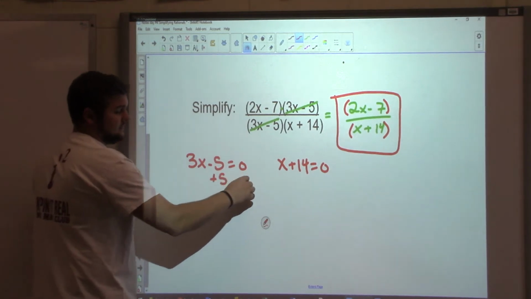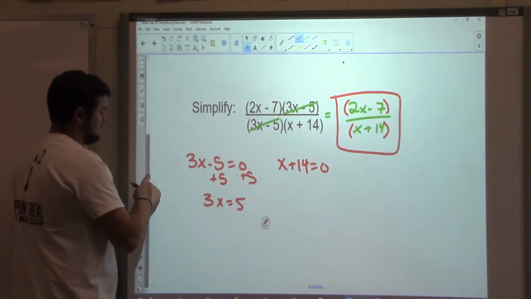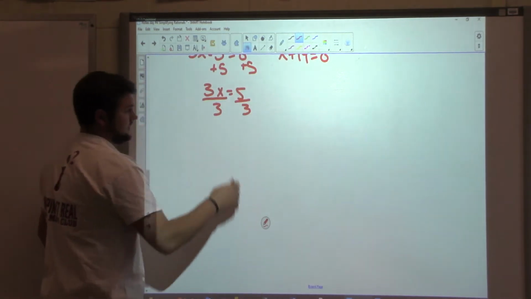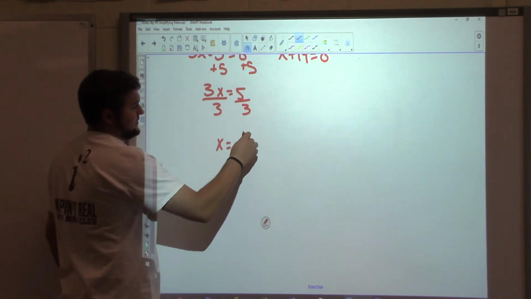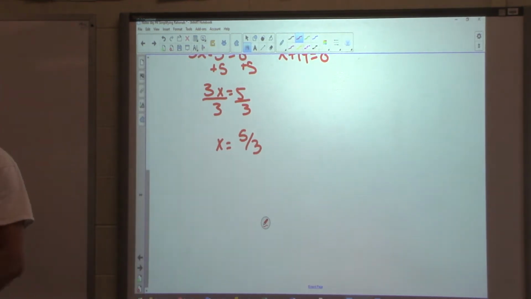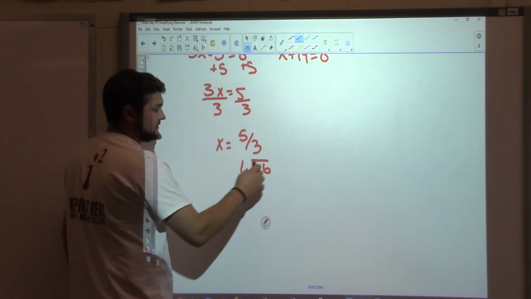So add 5, 3x equals 5. Divide by 3, x equals, I'm going to leave it as 5/3. If you want to put it as 1.666 repeated, whatever, you can. Just don't round it, make sure you write it as 1.6 with the line over it, please.